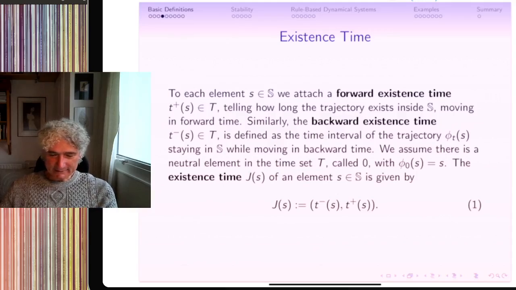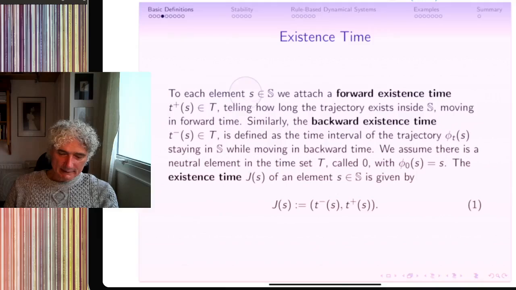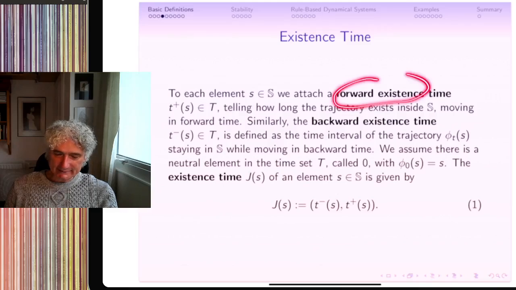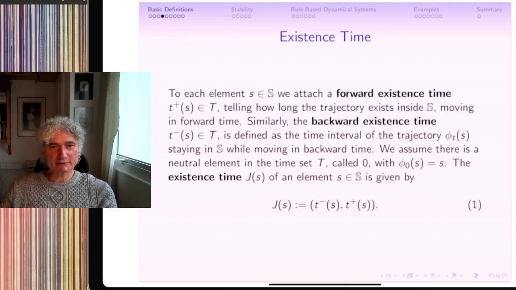So the first thing is, if we look at some element S, we can define a forward existence time t plus of S, and this will be the time how long the trajectory exists inside S, of course using this operator which we have looked at in the previous slide. And similarly we will also need in some cases a backward existence time, and this will be denoted by t minus of S.